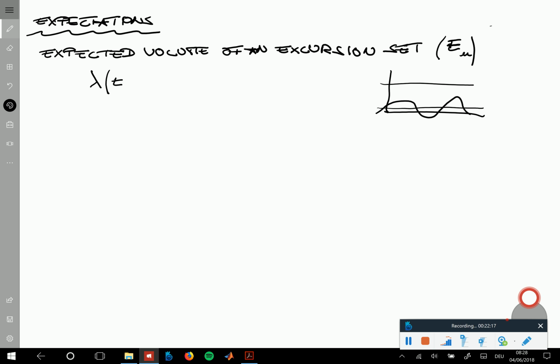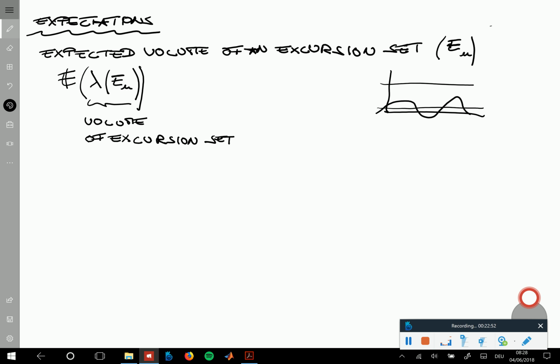So this is the volume of an excursion set of level u, and the expectation of it is, of course, the value that we expect to see over many iterations if we perform an average.